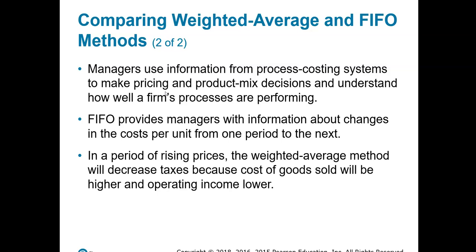So the choice of first in, first out versus weighted average will really be based on what is management's objective in producing the financial statements. If they want to lower their taxes, in a normal environment of rising prices, they will use a weighted average method.